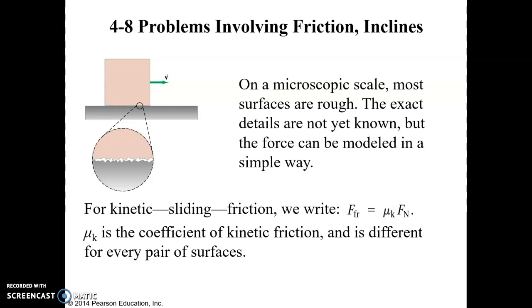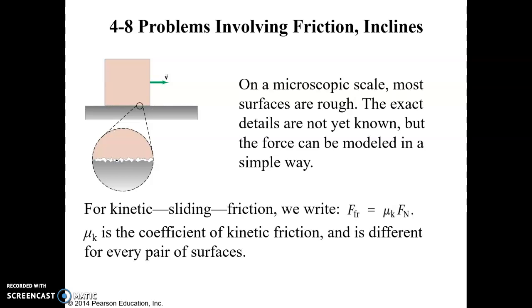In a previous problem, we looked at a box sliding along a tabletop, and we made the assumption that that surface is frictionless, because friction does complicate calculations a bit. But friction is an inescapable part of our world. It's caused, if we look at the microscopic level, these two seemingly flat, smooth surfaces.